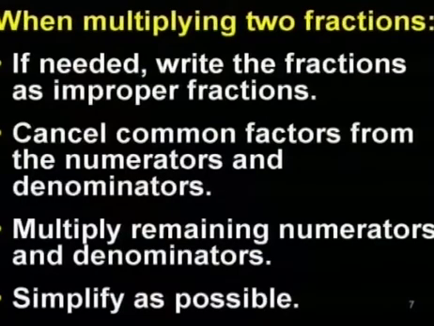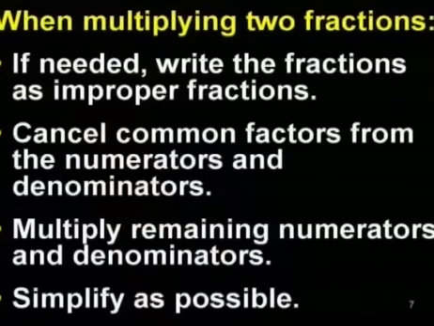Number 1, when multiplying two fractions, what type of fractions are a half and 4 over 15? They are proper fractions. The first point says, if needed, write the fractions as improper fractions.